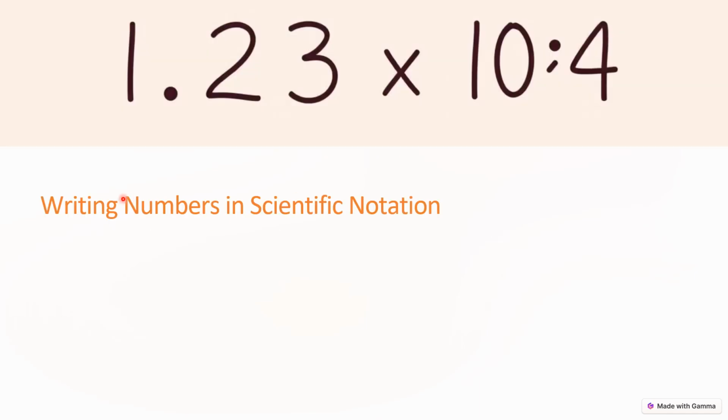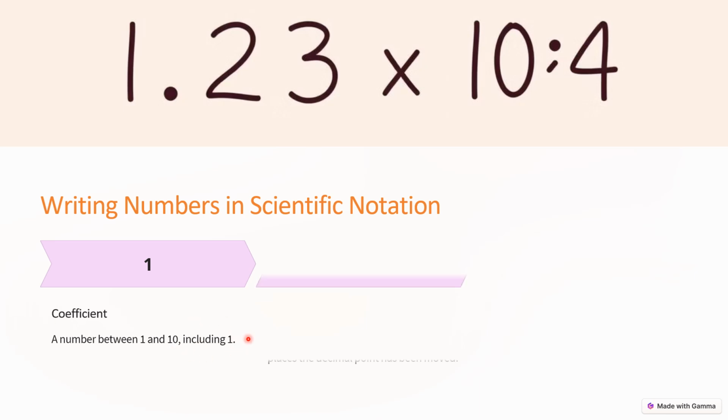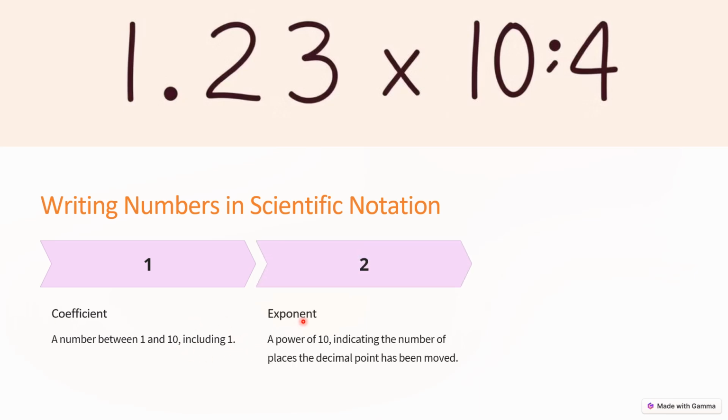So, writing numbers in scientific notation. How to write numbers in scientific notation? We have to follow 3 steps. Step 1, the coefficient. I write a number between 1 and 10, including 1. Step 2, exponent.